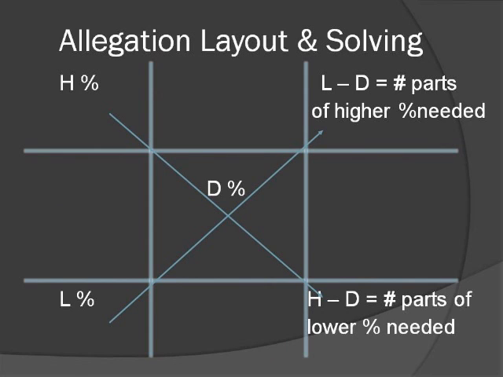So it's diagonal subtraction is what it is. You're going to take the higher percentage and subtract the desired percentage from it. That'll give you the number of parts of the lower percent that's needed. Likewise, with the lower percent, you take the desired and subtract it from the lower percentage, giving you a number of parts of the higher percent that's needed.